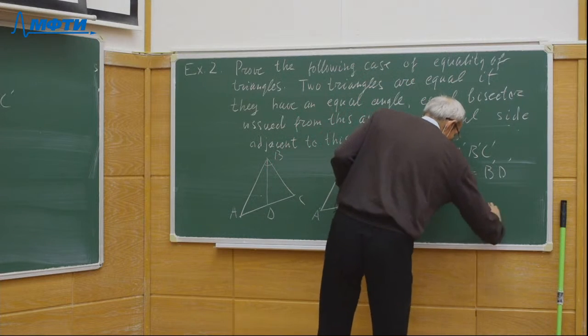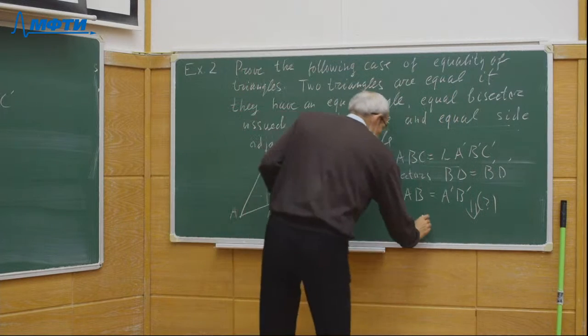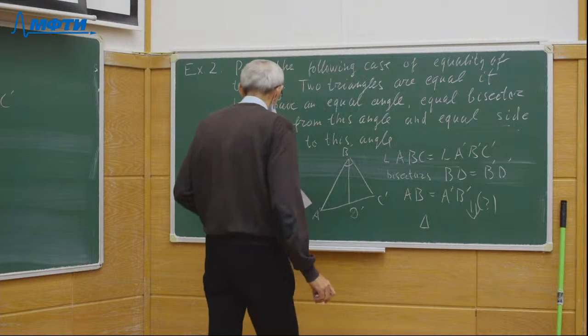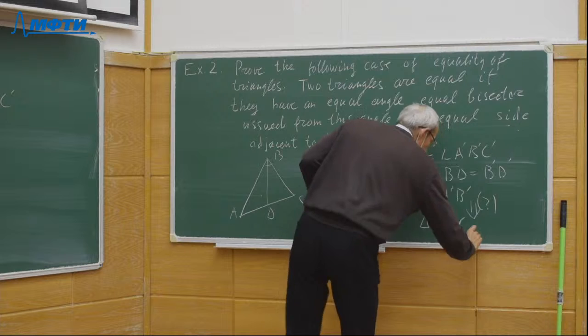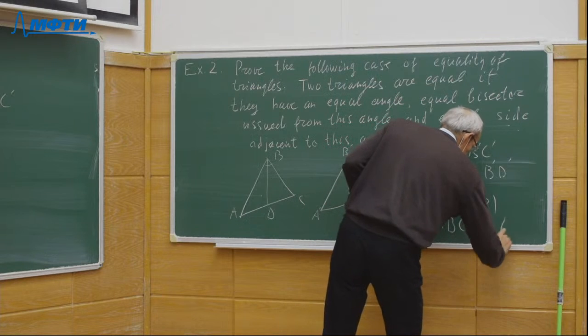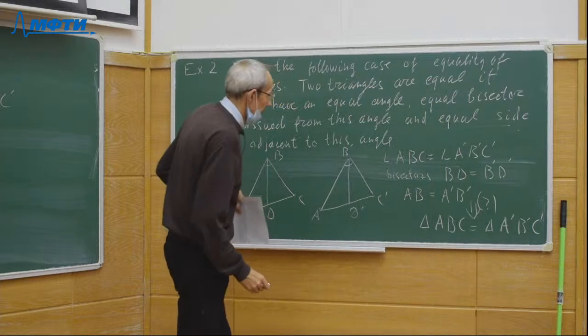And then let's prove that these triangles ABC and A prime, B prime, C prime are equal.